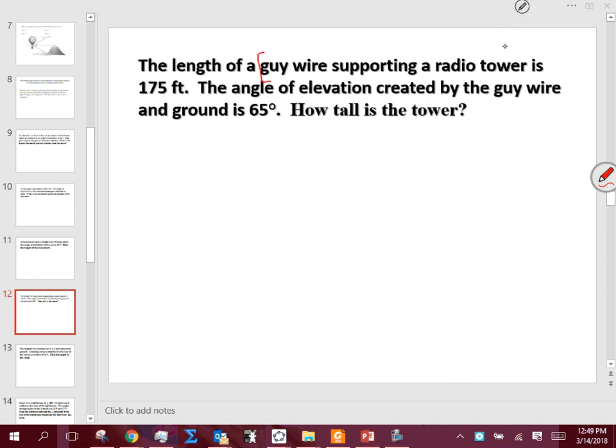Okay, you know what a guy wire is. A lot of people just vocabulary-wise think it's a guide wire. It is not a guide wire; it's a guy wire, G-U-Y. And you guys know what these are. They're on telephone poles at the end of a row of telephone poles.